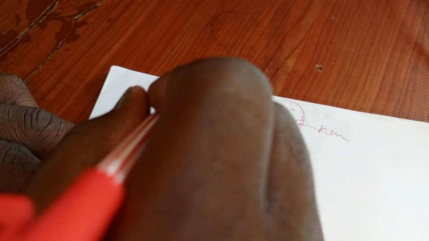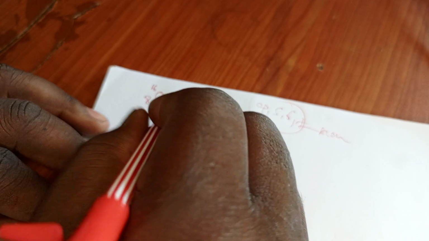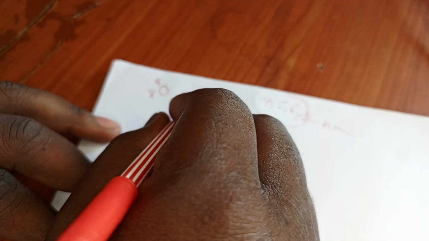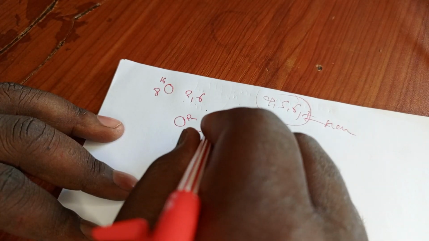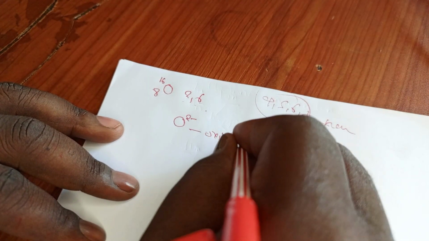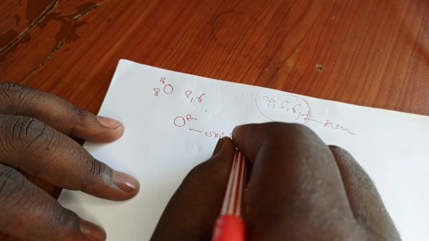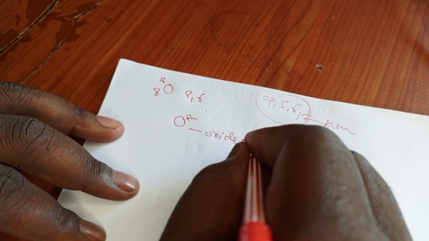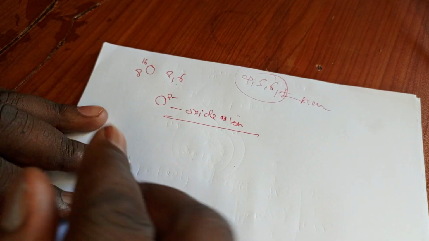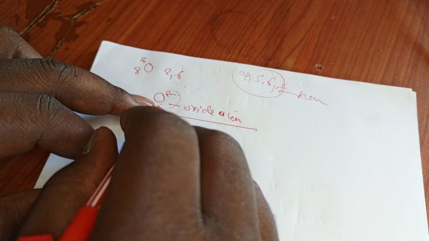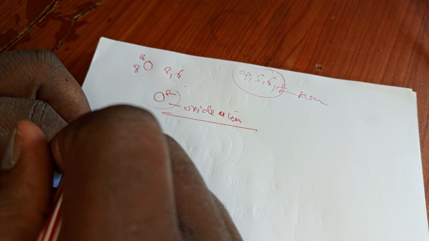After gaining 2 electrons, it will have 2,8. Since it's gaining 2 electrons, we put 2 negative here. So this is the oxide ion, which means it gained two electrons.